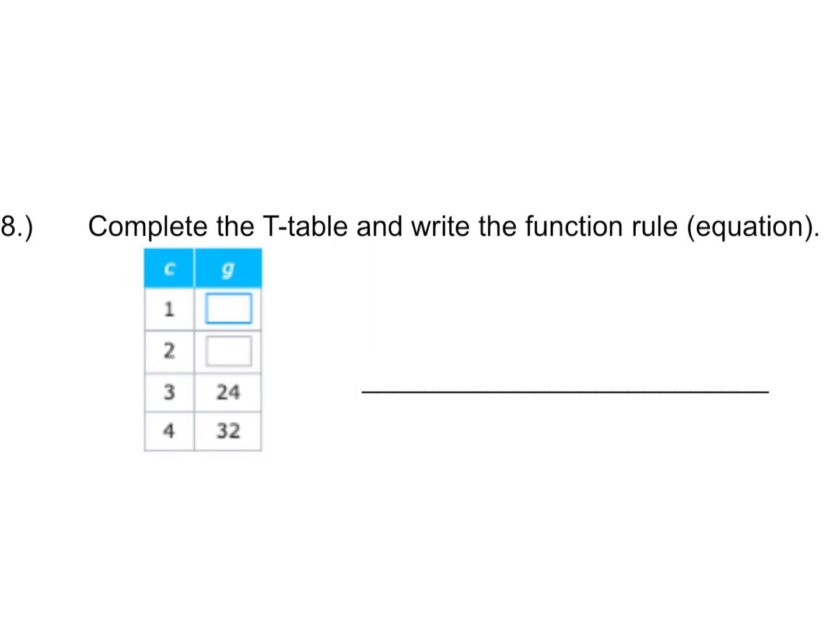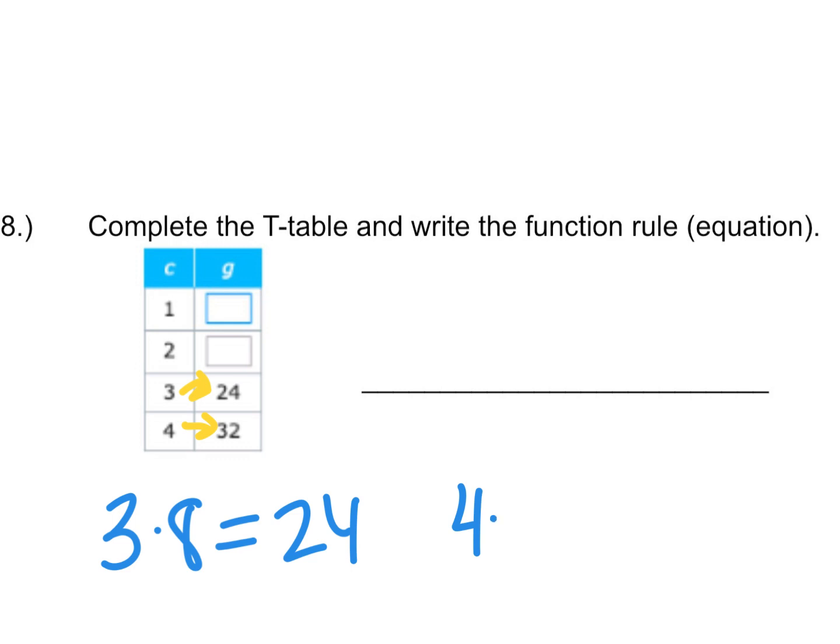I can see that going from 3 to 24 and 4 to 32, that looks like you would multiply those by 8. Because 3 times 8 is 24, and 4 times 8 is 32. So I think that's going to be the rule because that works for both of those inputs and outputs.